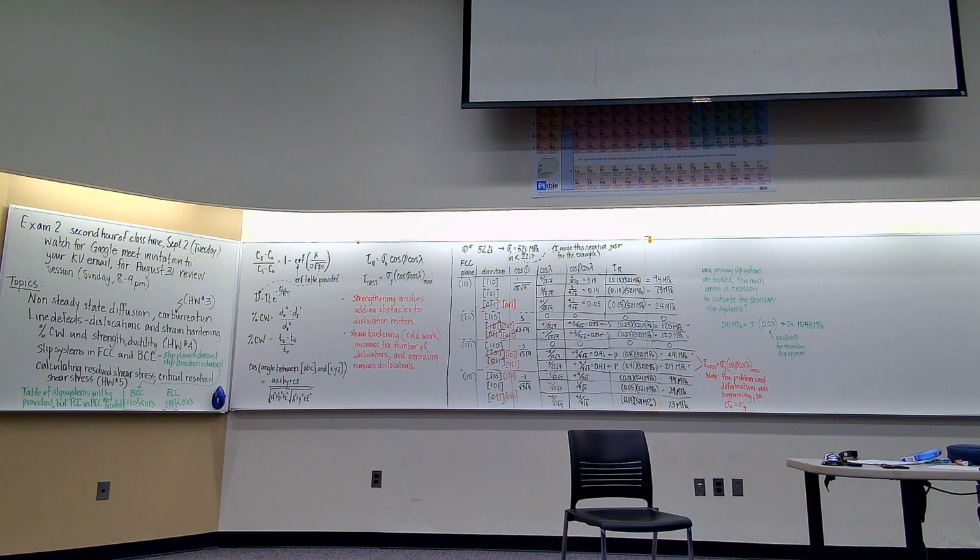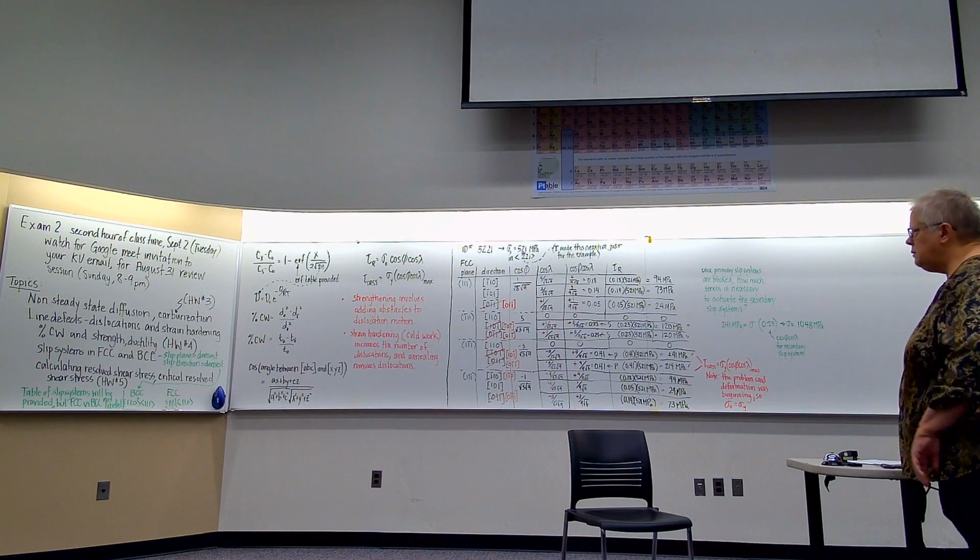In fact, for most steels, we don't go any higher than about 0.8 weight percent carbon. So the part of the phase diagram that we're really working with is like that. And we won't start that until after the exam, and after the lab.